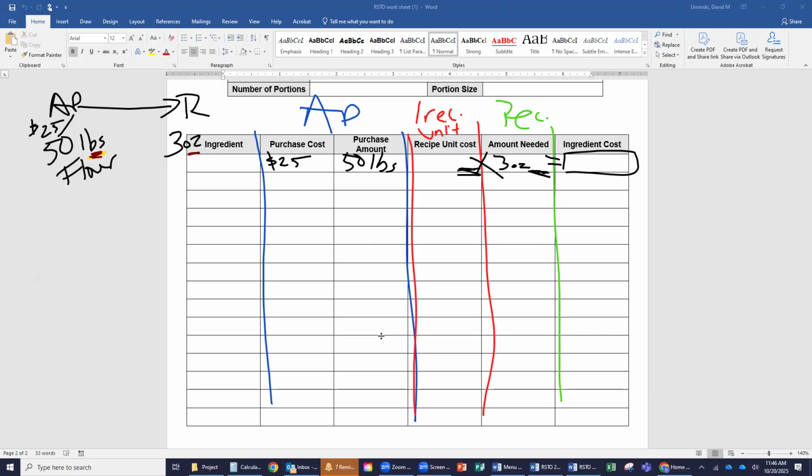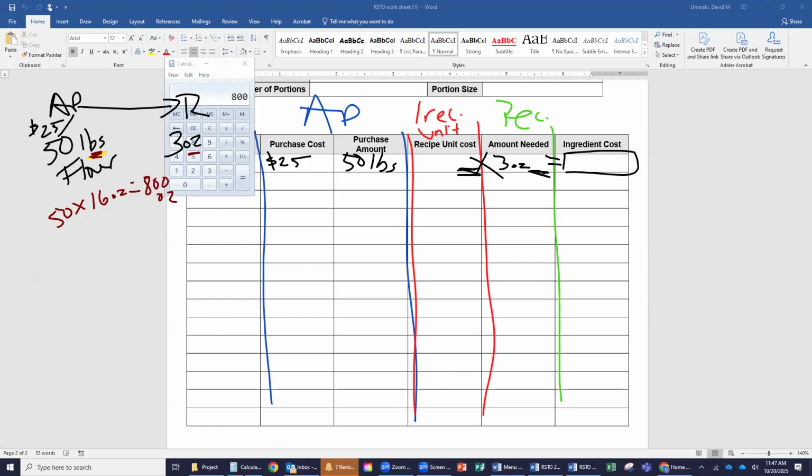So I've got to get down the cost of one recipe unit. So what I'm going to do is I'm going to take 50 times 16. Why? So what is 50 times 16? It is 800. Okay. So that is equal to 800 ounces.